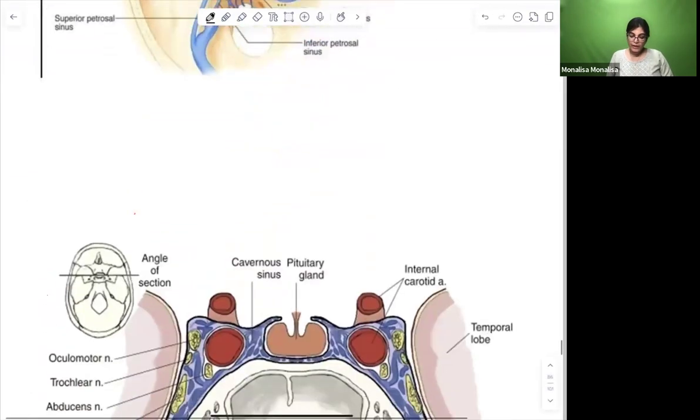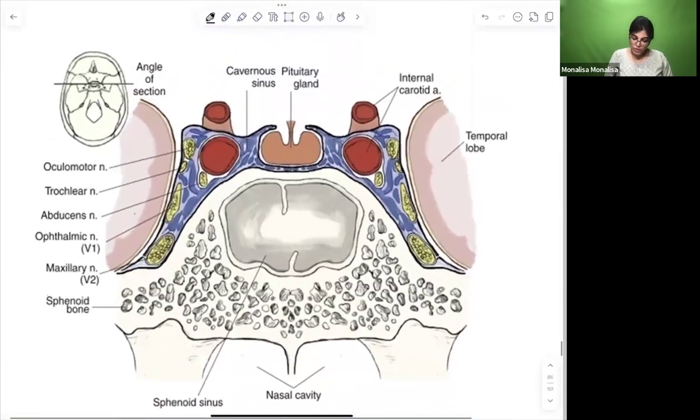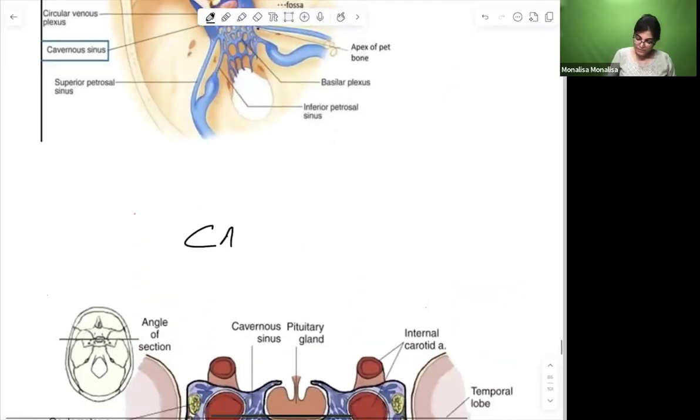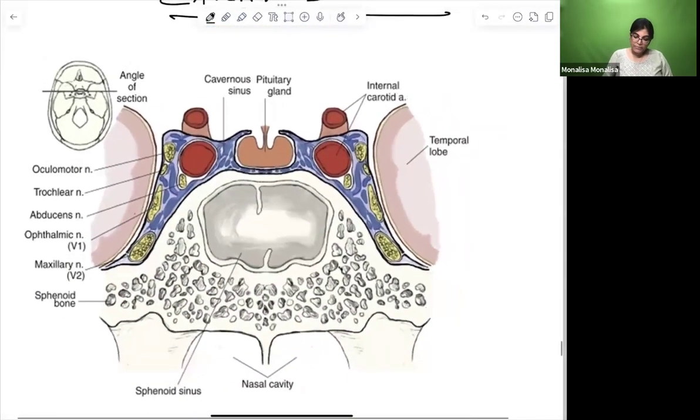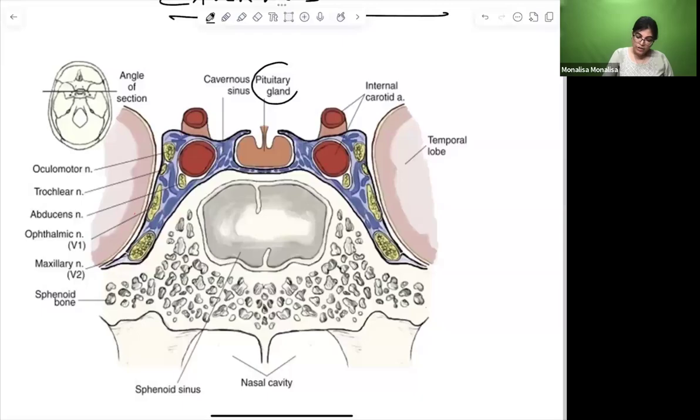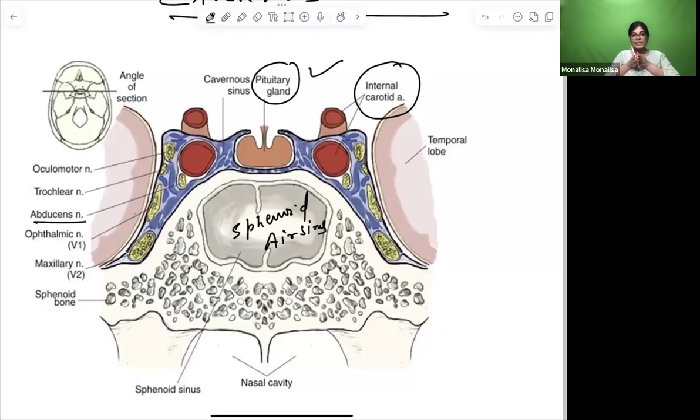Now, I just want everybody to see this image. This is showing you the cavernous sinus relations. So all of you note down. Medially, the cavernous sinus is related to the pituitary gland and sphenoidal air sinus. That blue structure is the cavernous sinus, and the internal carotid artery and abducens nerve, the sixth cranial nerve, are passing through it.